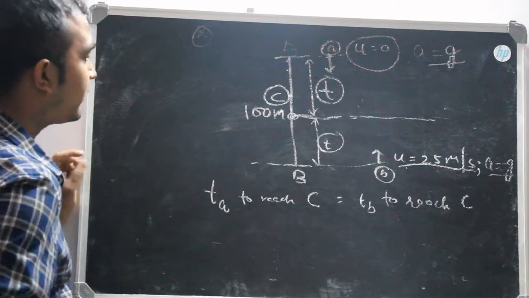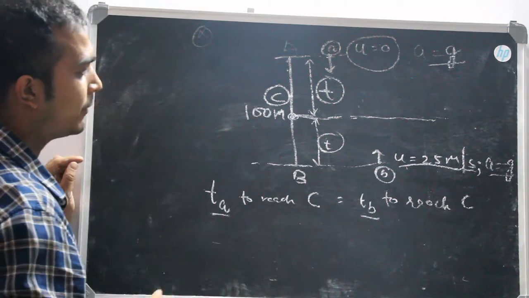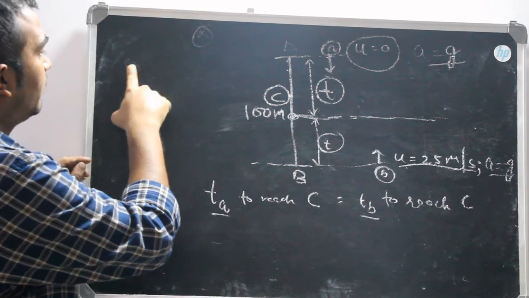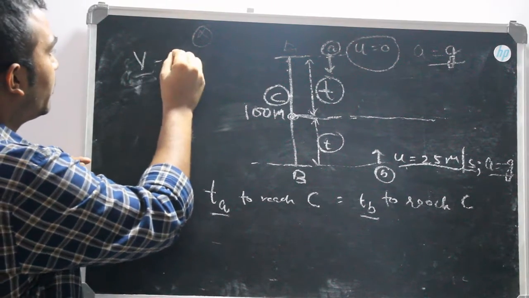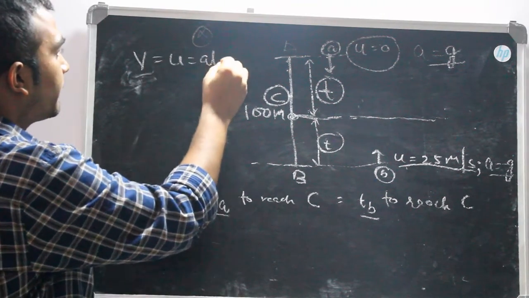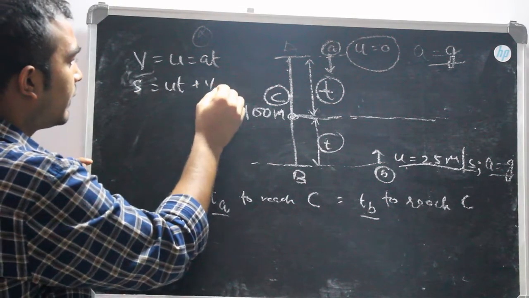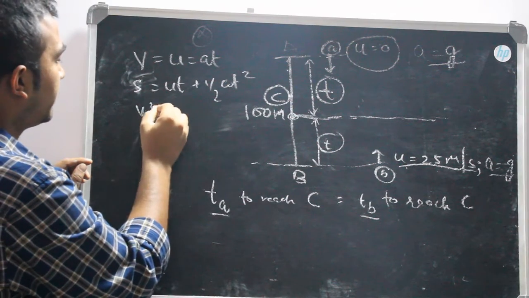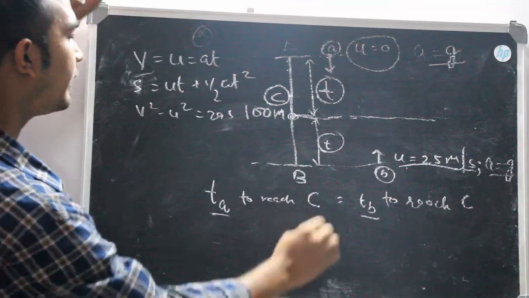So we need to utilize time. Since time is a reference, it's going to be the same. I'll just write down the three equations. v equals u plus at, s equals ut plus half at square, and v square minus u square equals 2as.